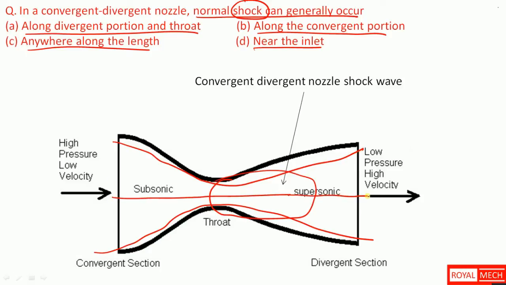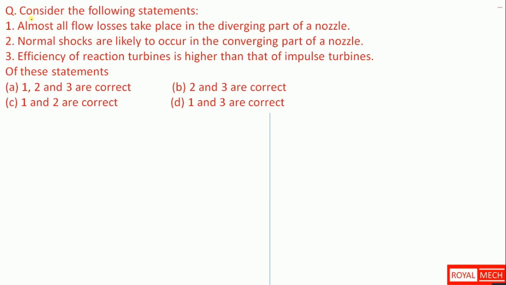This stream will encounter the shock at the throat and divergent section. So it is somewhere here. That gives option A, along the divergent portion and throat. That is the correct option.